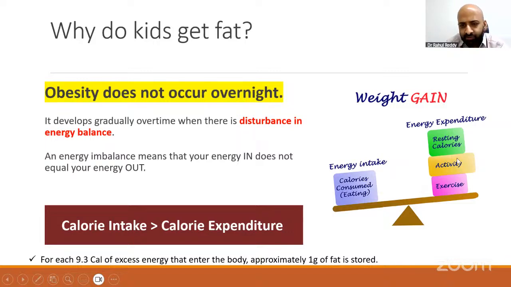And for the energy expenditure, we need to look at the resting calories, the activity levels, the exercise levels, and compare it to the calories that are consumed daily. So if it's a multidisciplinary clinic where the dietitian is looking into calories consumed and the calories expended are calculated entirely, then there's a better way to manage these kids, giving them more time to understand their day-to-day calorie consumption as well as expenditure, and that can help these children in terms of weight loss.